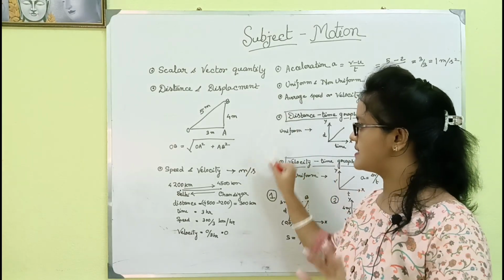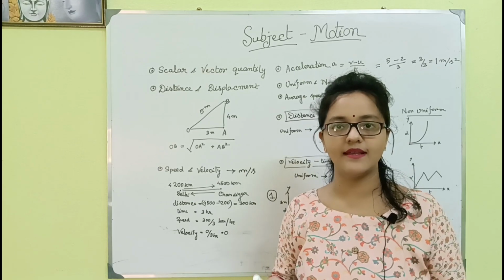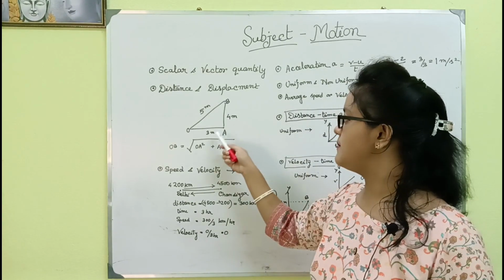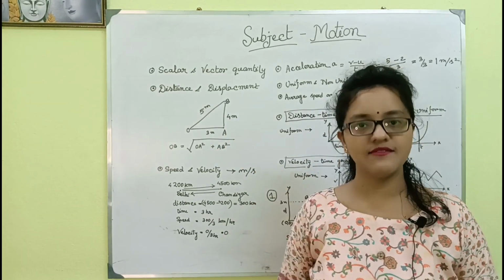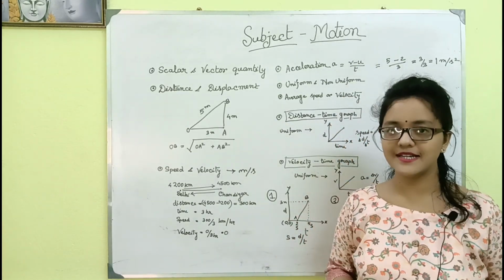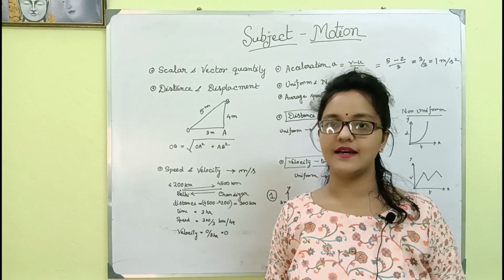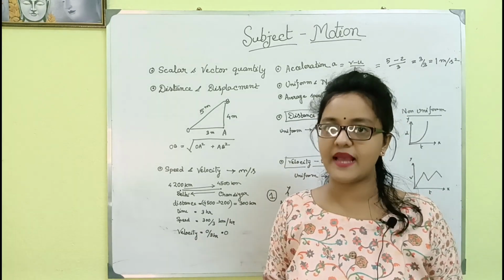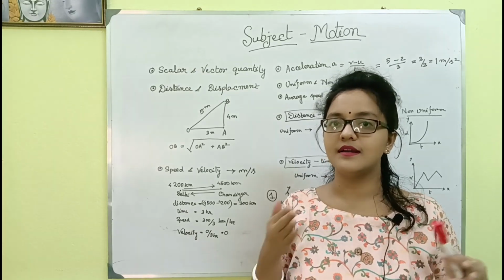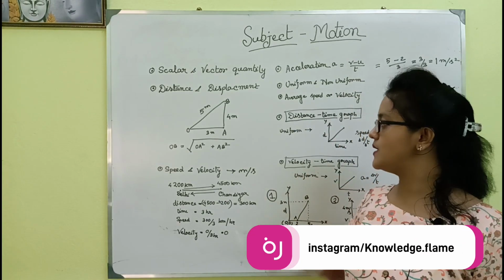In this diagram, we can say that the distance traveled by the object is 3 meter plus 4 meter, 7 meter. But here is a twist. What is that? The displacement. Displacement is the shortest length covered by the body from the initial position to the final position. This is actually OB.